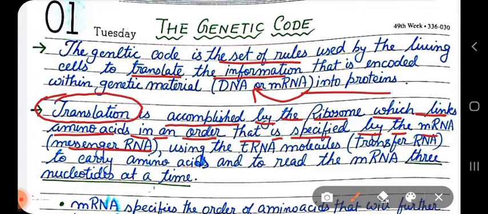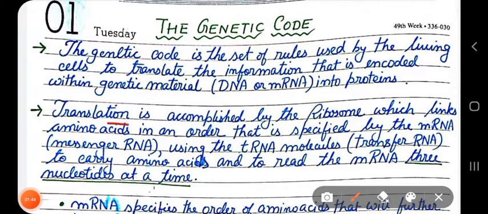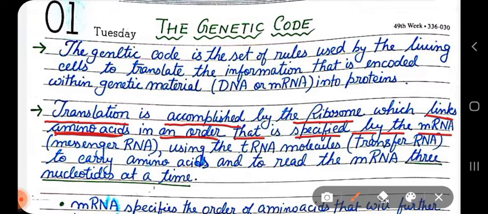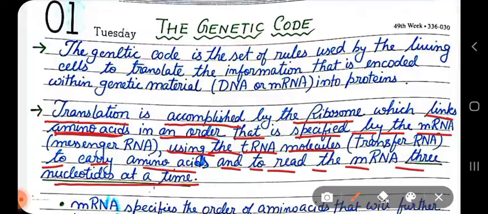Ribosome is the site where translation occurs, and during this process it links the amino acids in an order specified by the mRNA, using tRNA molecules to carry that amino acid and to read the mRNA 3 nucleotides at a time.